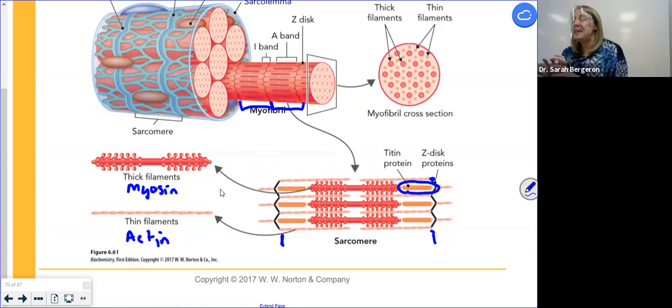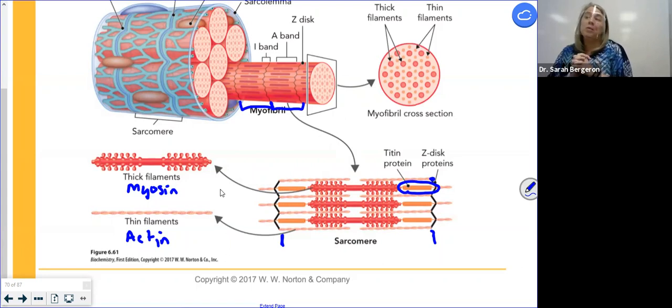What do we need to occur in order to get movement? If you don't eat very much, are you going to be able to exercise a lot? No. What does eating give you? ATP, eventually ATP, right? So all of this movement is going to be ATP driven.